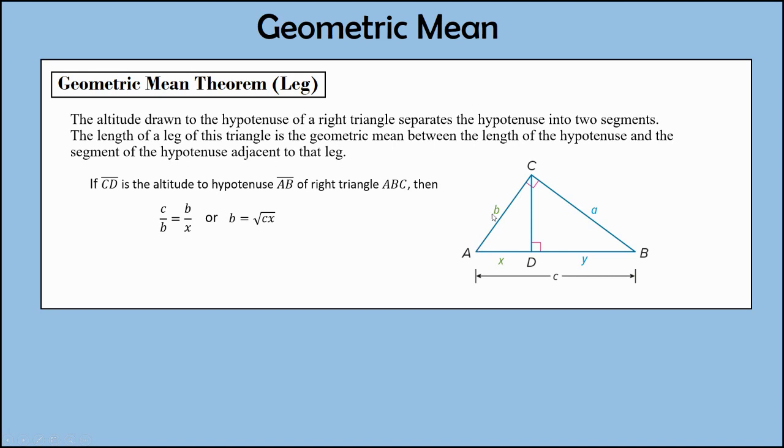So the length of B is the geometric mean of X times C. To find the length of A, this leg of my right triangle, that's going to be the geometric mean of Y times C. So it's the square root of Y times C. So we can use this concept of geometric mean to find missing side lengths of the legs of a right triangle, or on the previous page, we found the altitude of the right triangle.